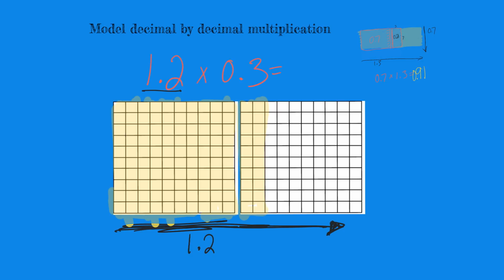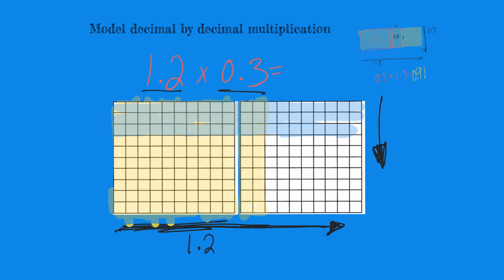The next thing we're going to do is shade in our 3/10 going down. So we have to go across the entire area here. So let's shade in 3/10 all the way across. There's 1/10 all the way across. There's another 10th all the way across. And there's our last 10th all the way across here.